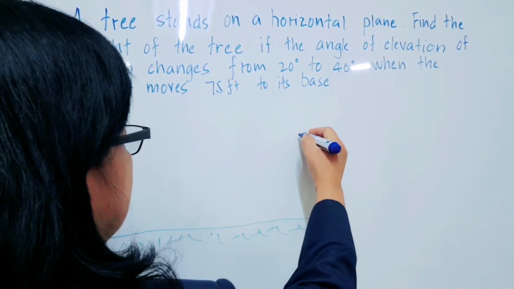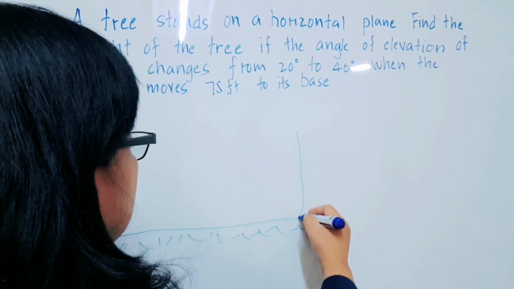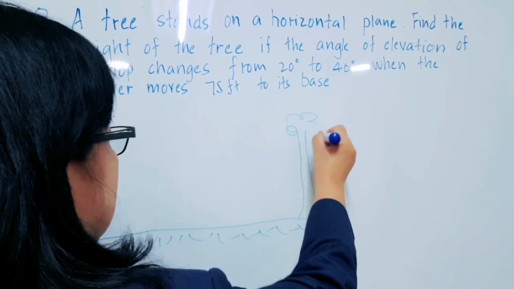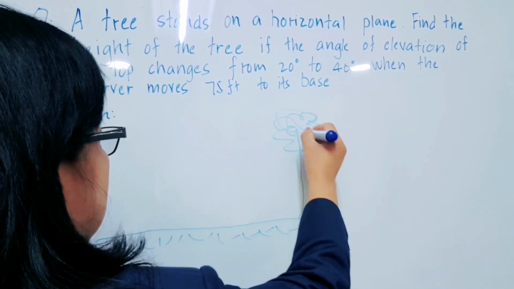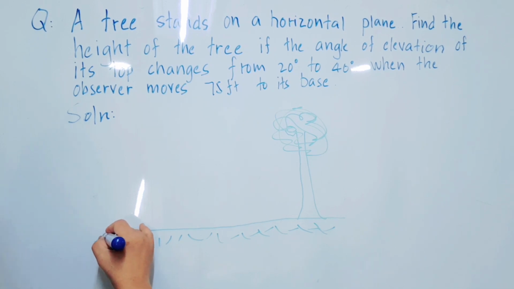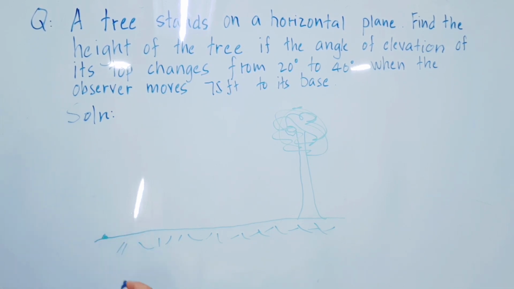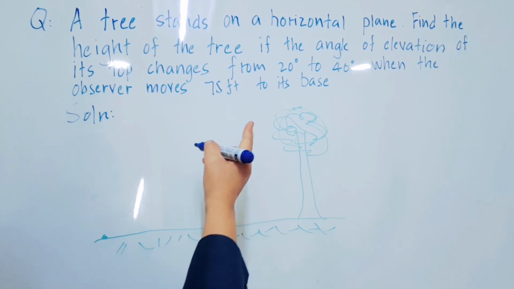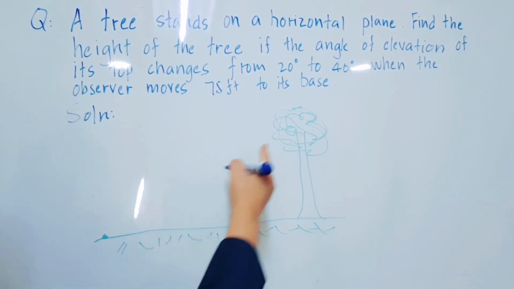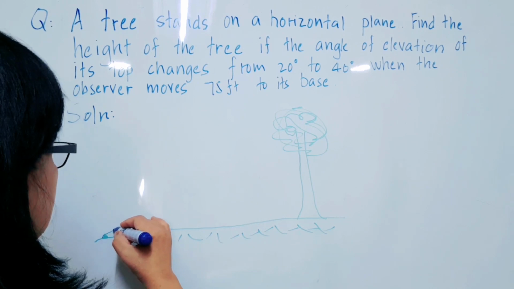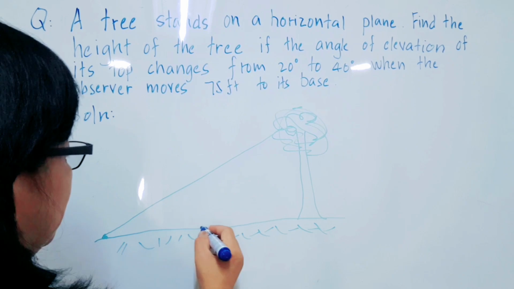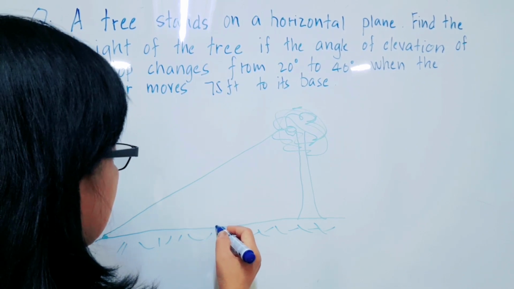there is a tree here that stands. There is the tree and there is the observer here. So, it said the angle of elevation changes from 20 degrees, from the top, to 40 degrees.